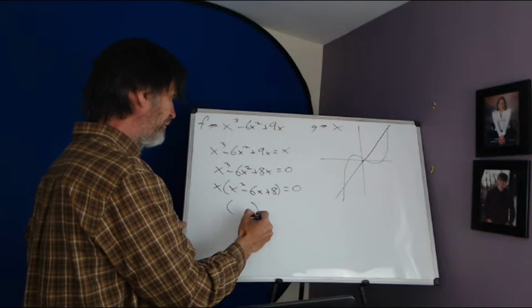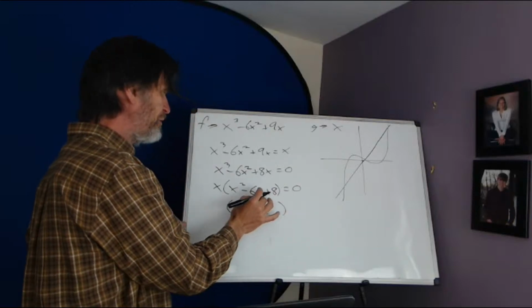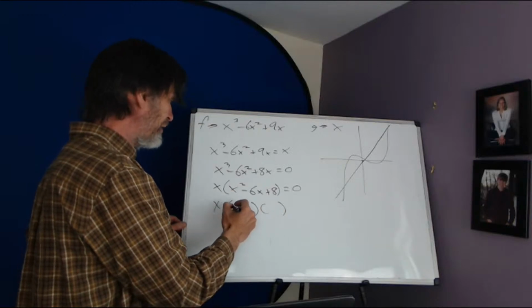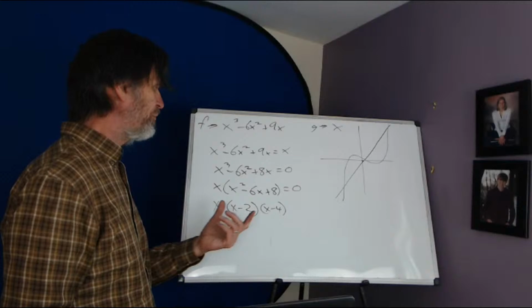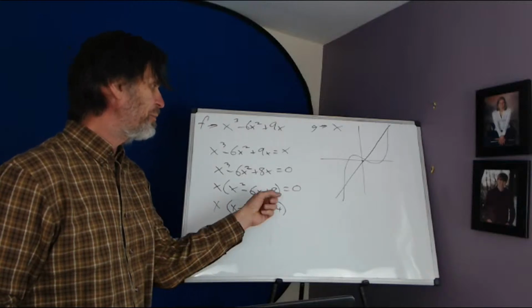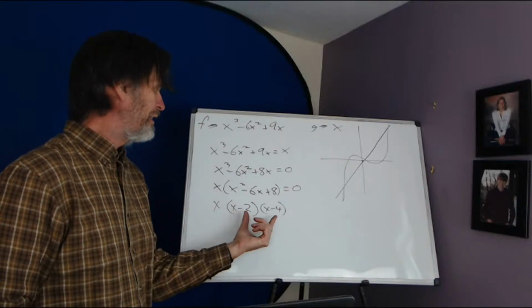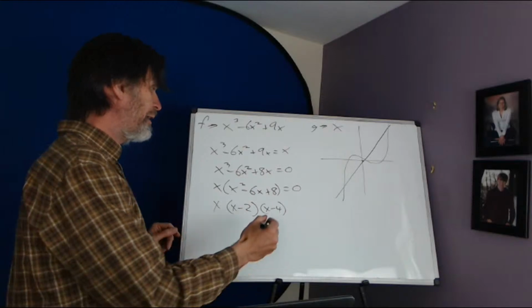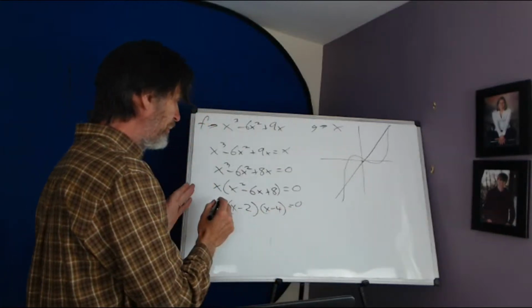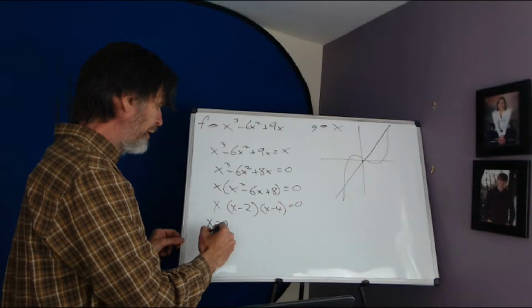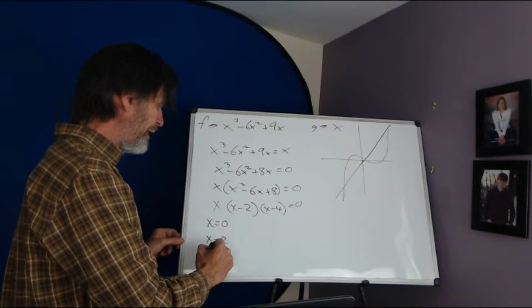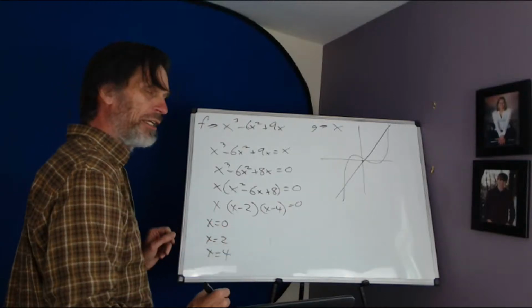All right, now I'm going to see if I can factor that one down. 2 factors of 8 that add up to a -6. Sure, x minus 2 and x minus 4. Remember, those last two numbers have to multiply together to give that, and they have to add together to give that. Now that I have it factored, I'm going to set each of those three factors individually equal to 0: x equals 0, x equals 2, x equals 4.